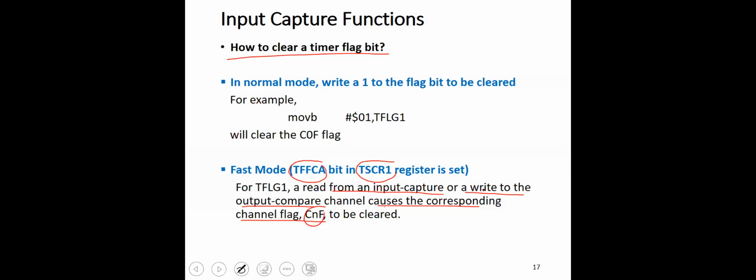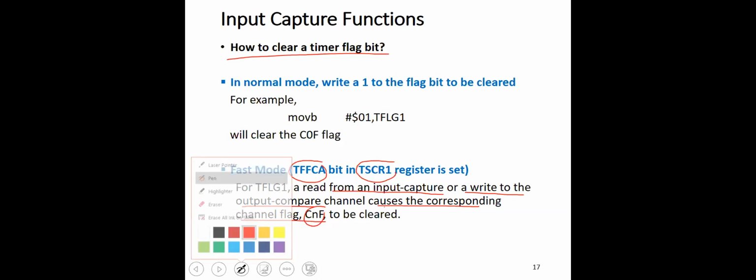Instead of writing two instructions to clear the flag and to read the register, you just read the register, and in effect this will force the flag to clear. That's why it's called fast mode. You basically read the capture register, the flag is cleared, and you have the value inside the CPU. So this is the basic idea.